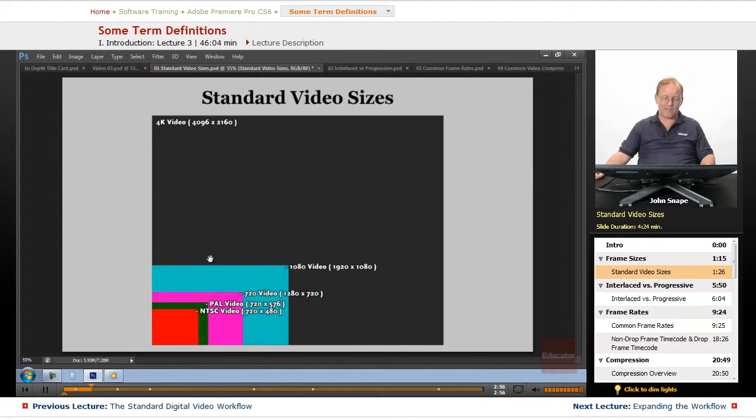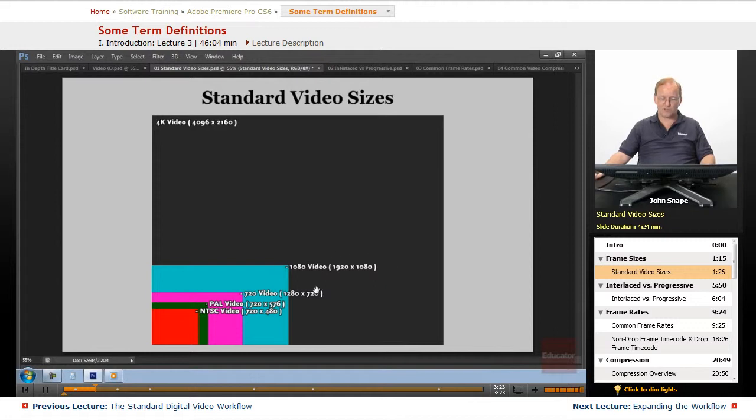And then we go to 1080 video, which is 1920 across by 1080 down. And you notice that they're named by how many lines are in the video instead of the entire dimensions. Because a widescreen video that is 1080p or 1080i, it will always be 1920 by 1080.